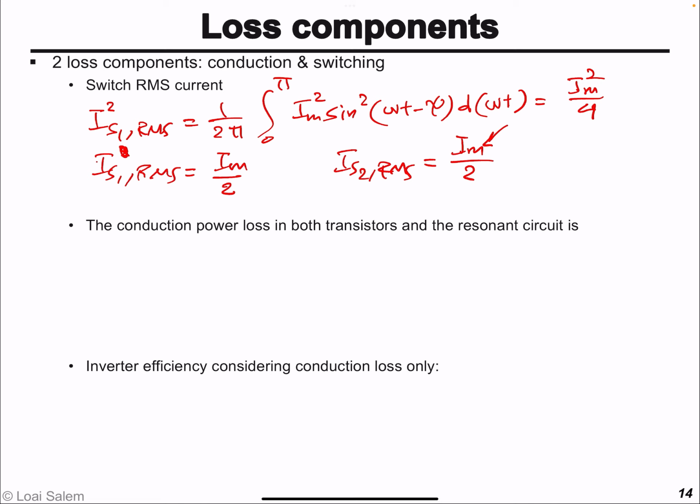And so the conduction loss in the switches, called PRDS, will be the conduction loss that's happening in the top switch plus the conduction loss that's happening in the bottom switch, which is equal to 1 over 4 Im square, the RMS current square, times RDS1 plus RDS2.